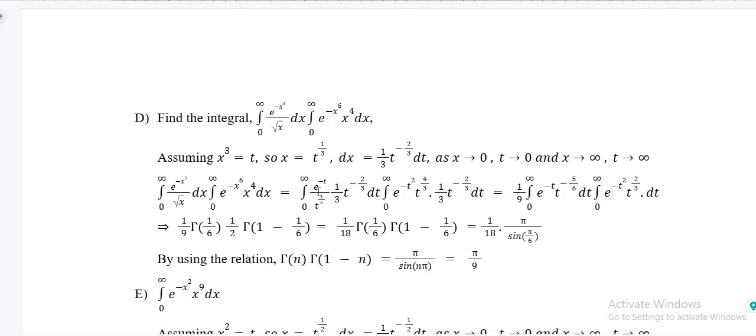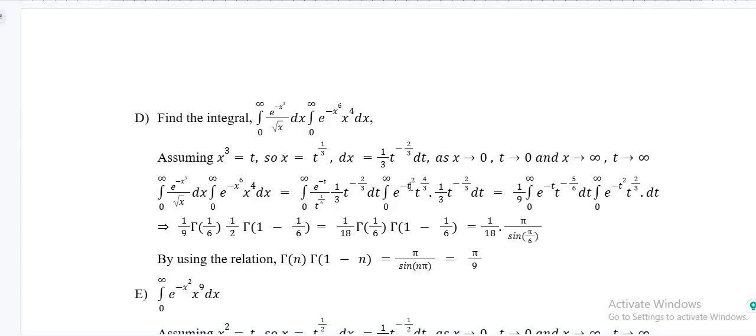So e to the power minus of t, since I have already considered x to the power 3 equal to t, and you have the square root of x, which is x to the power half, so this gives you t to the power 1 by 6 because the power is 3. And you have dx, so dx equals this factor 1 by 3 t to the power minus 2/3 dt. Let's put these things in this equation. So our first integral is placed in this form.